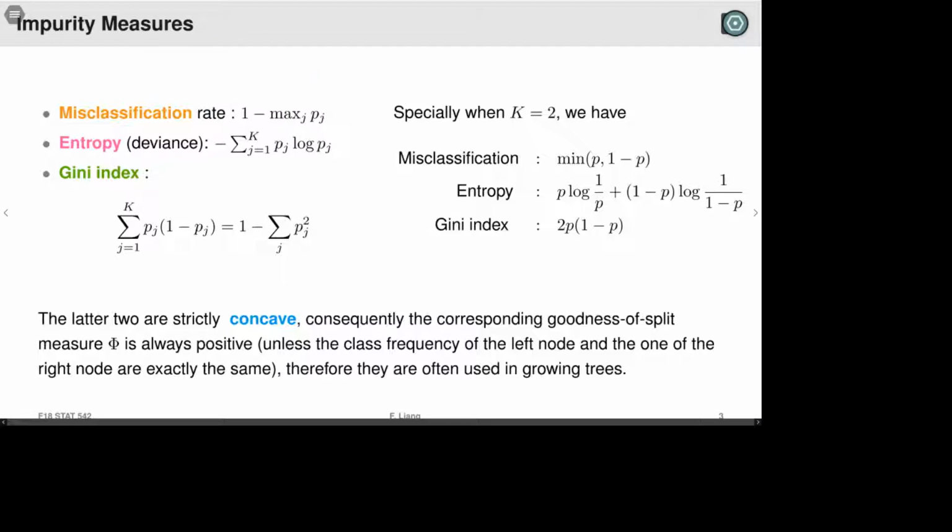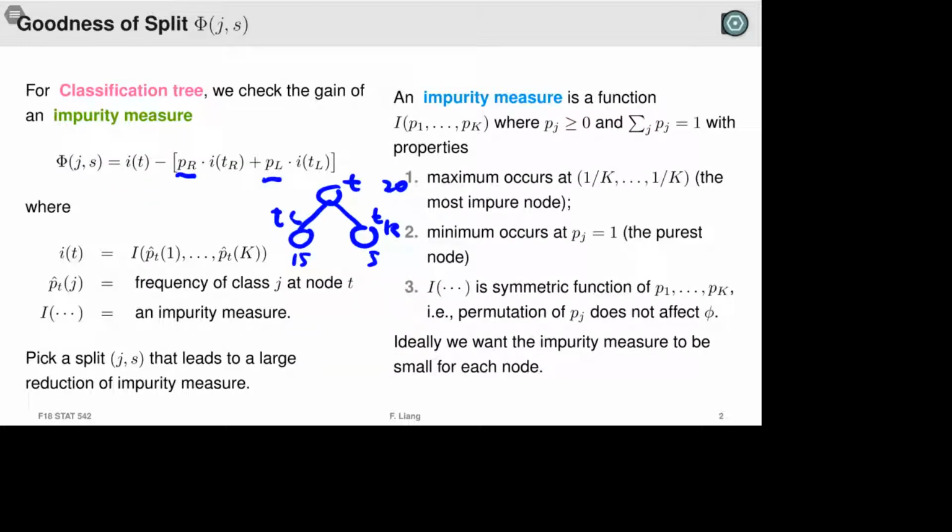Well, apparently it will achieve the maximum, and the maximum is only 1 over K. So you can actually go back to check whether it satisfies those conditions.